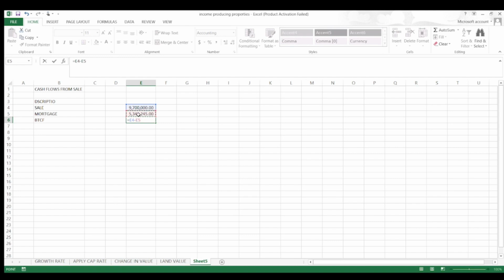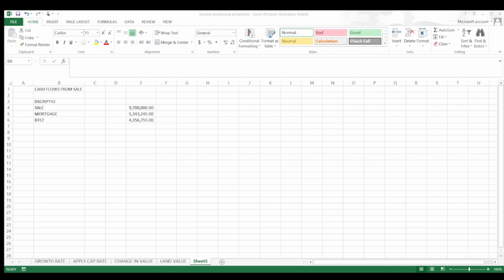So this means this is the cash which comes to the investor immediately after selling the property at the end of year 5 and clearing the loan balance. So they're left with this amount, the 4.356. However, this amount should be taxed.